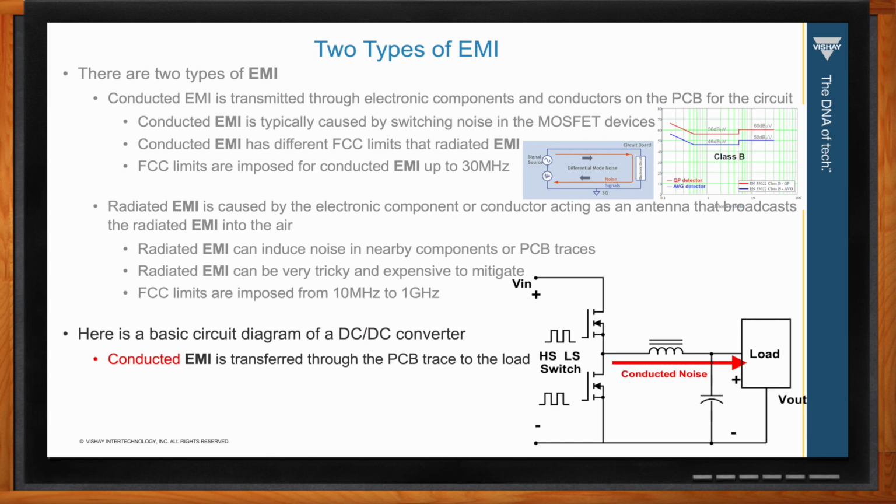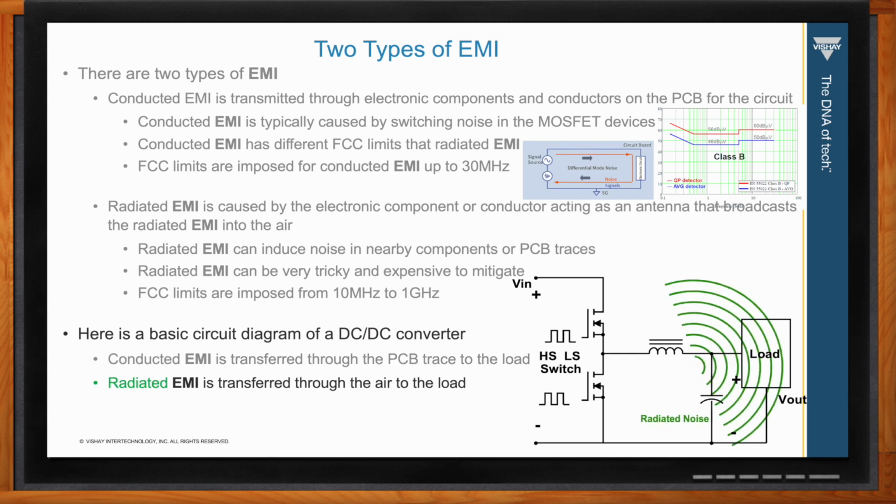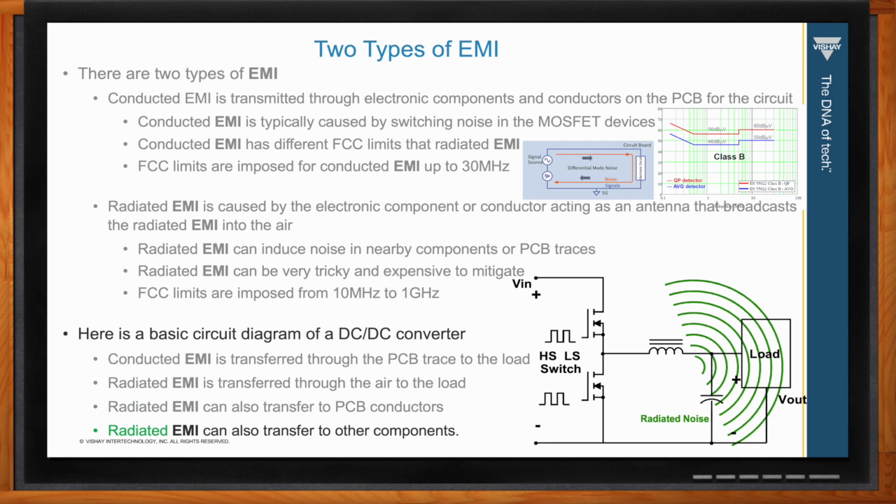And that load might be a computer that might have a very sensitive microprocessor that could be upset by those EMI signals. So radiated EMI can also happen, and it's transferred through the air from the components to the load, or maybe even to the PC board or other components on the board.